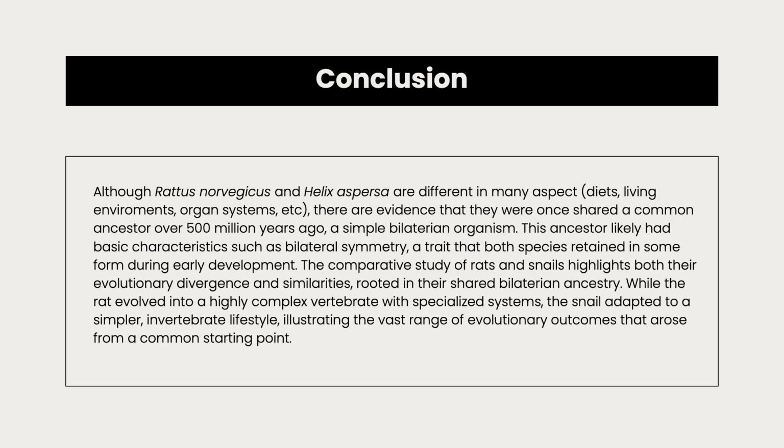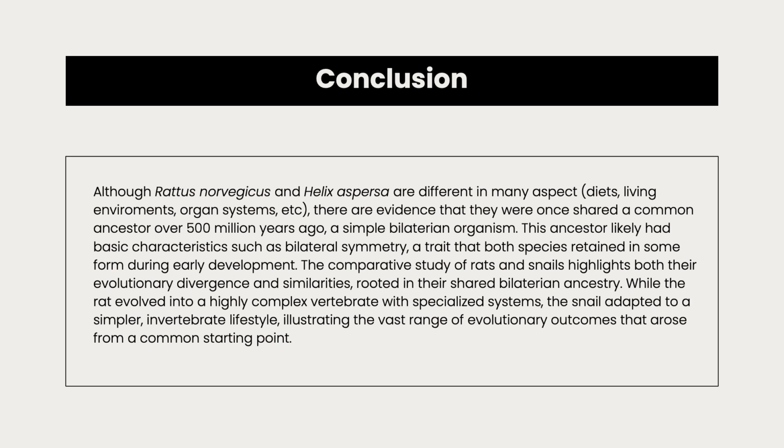So in conclusion, although Rattus norvegicus and Helix aspersa have many different aspects, they evolved from a common ancestor 500 million years ago, which was a simple bilaterian organism. The ancestor they had very basic common characteristics, so that's why rats and snails don't share many characteristics at all, and the ones they do share are very common between all animals.